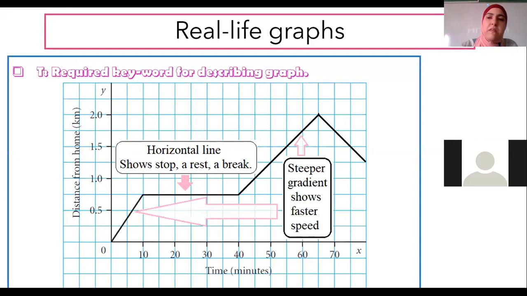The distance. Now, if you're looking at this line here in front of you, I'm going to change the color, this one here is going up. That means I have a change in my time and I have a change in my distance.